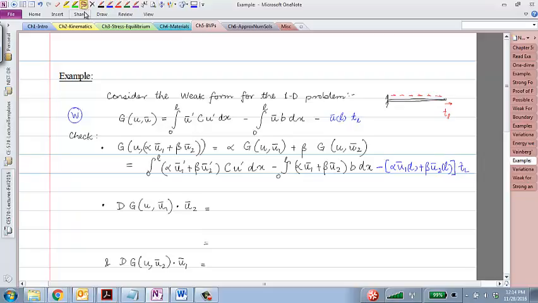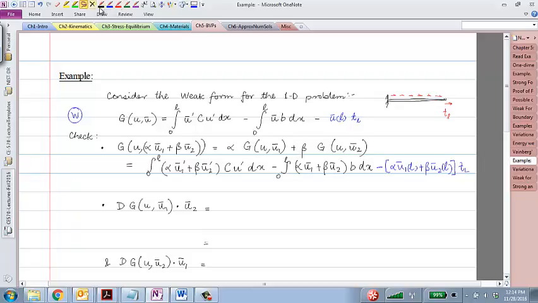Clearly alpha can be pulled out and beta can be pulled out, and I can write this entire thing as a sum of alpha G of U comma U1 bar plus beta G of U comma U2 bar.